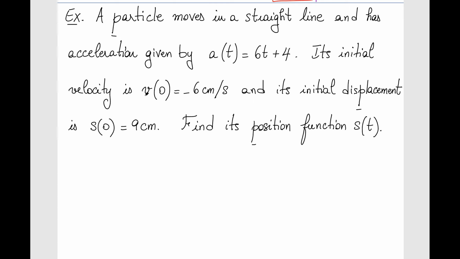It's the speed that has to be the absolute value of velocity. So this means the object is going in the negative direction at moment 0. And its initial displacement, so its initial position, is at 9 centimeters. The question is, find the position function s of t of that particle.